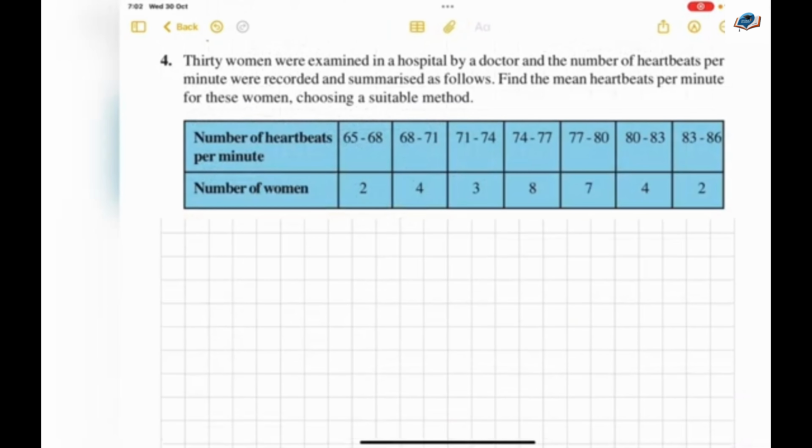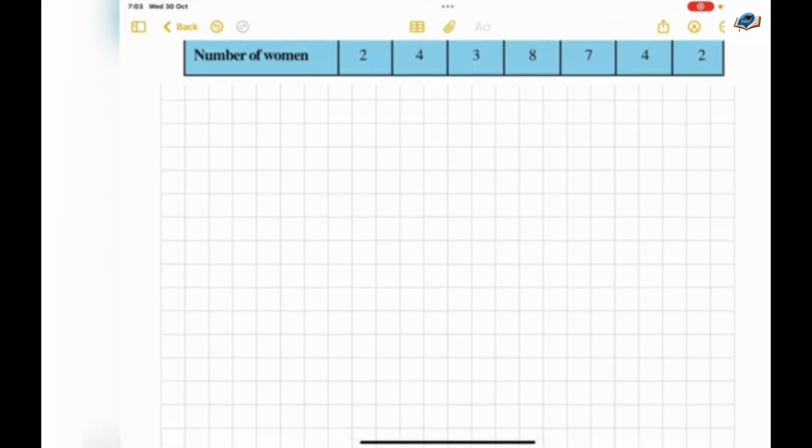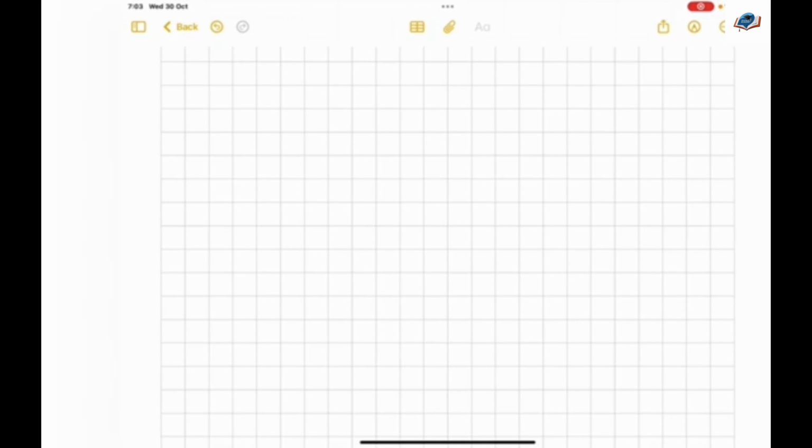Now the fourth question says 30 women were examined in a hospital by a doctor and the number of heartbeats per minute were recorded and summarized as follows. Find the mean heartbeats per minute for these women choosing a suitable method. So here also I will prefer the step deviation method because it will be easy for me.